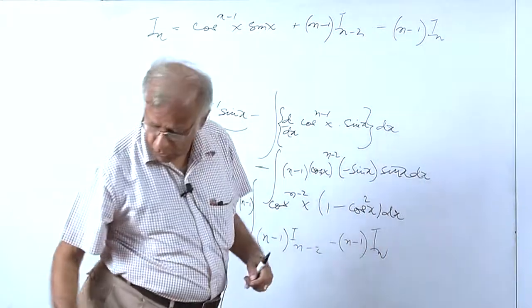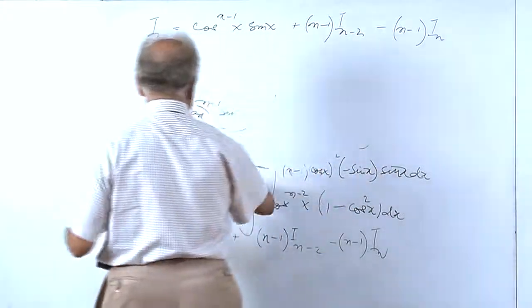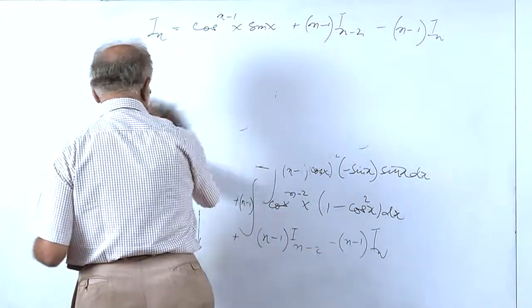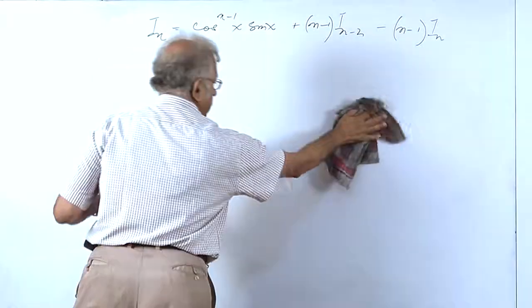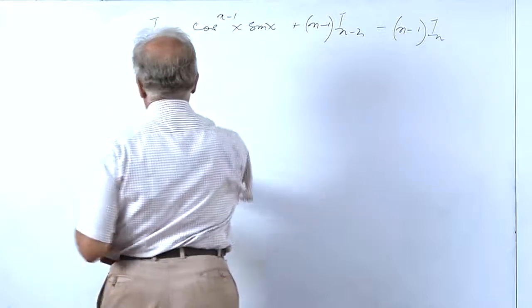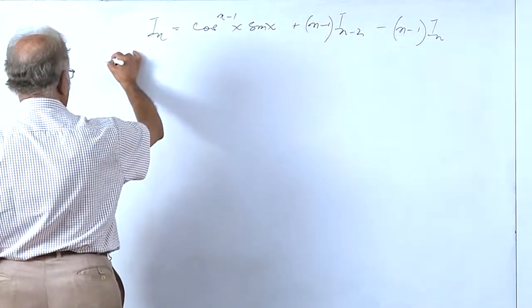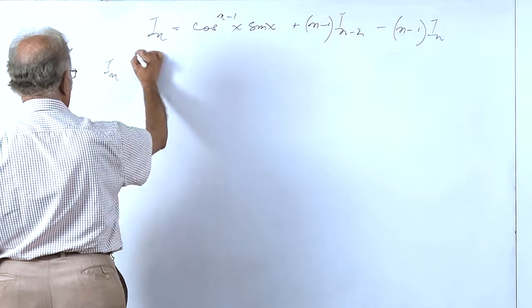Now we are closer to home, although we have not reached home as yet. One or two more steps and we will be home. What we do is now we transpose that term to the right and write. Transposing that means I sub n is common.